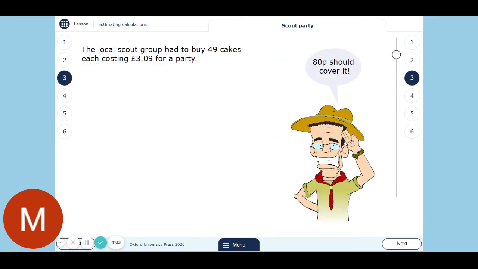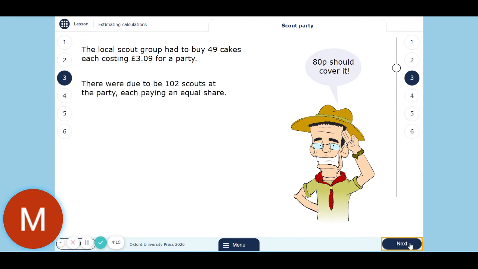Right, so a local scout group had to buy 49 cakes, each costing £3.09 for a party. And there's 102 scouts, and they all have to pay an equal share. So between the 102 of them, they've got to buy 49 cakes costing £3.09.